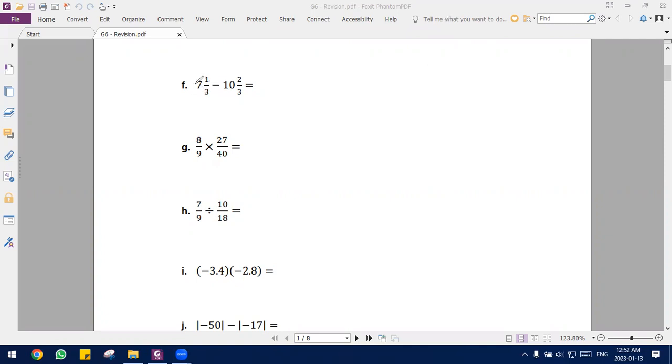So for example, 7 times the 3 is 21, plus 1 is 22. So we write it 22 over the same denominator here, 3, minus. Now, the second fraction, we do the same thing, the second mixed number, 10 times the 3 is 30, plus 2, 32. 32 over 3.